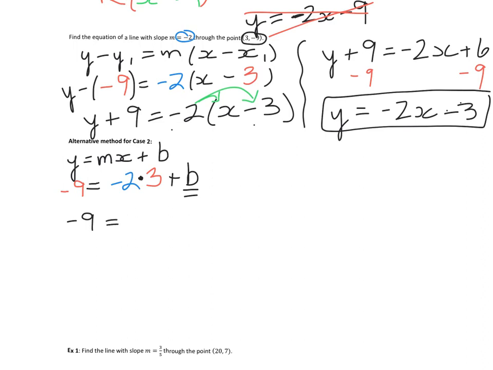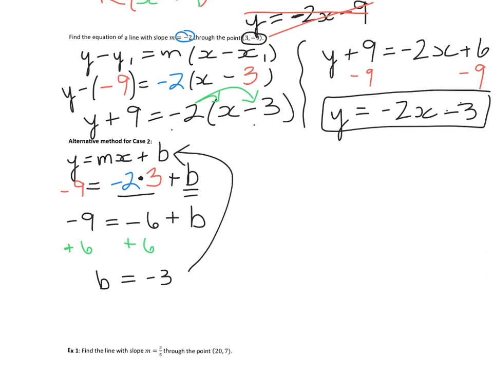Okay, so let's simplify multiplication first. Solving for b, so we're going to add 6 to both sides. And then we get that b is equal to -3. And that's not the answer. We're going to take this and we're going to put it into this y equals mx plus b form.